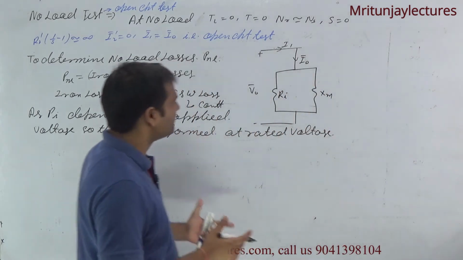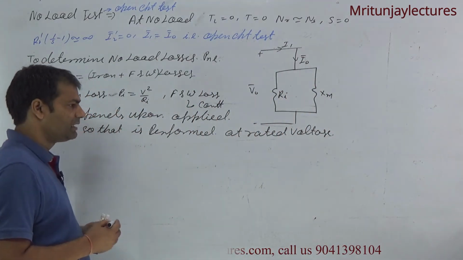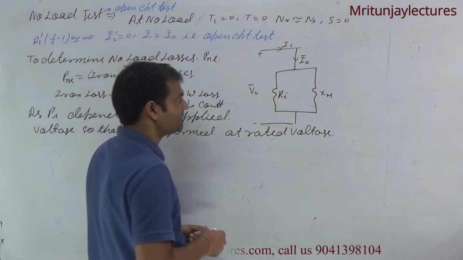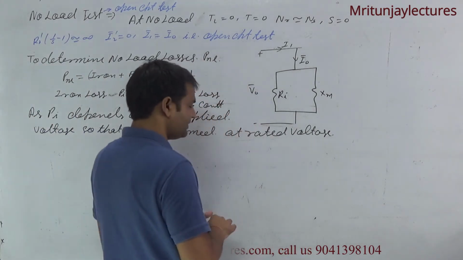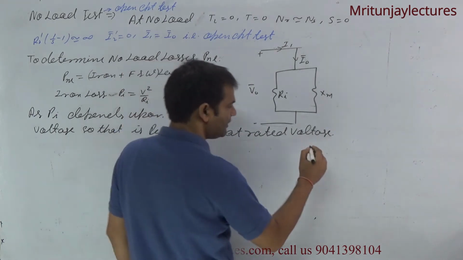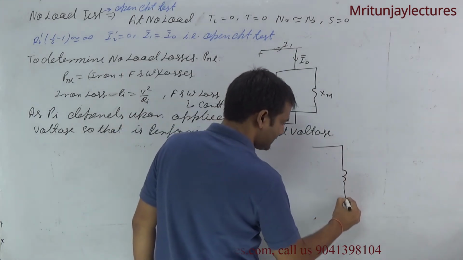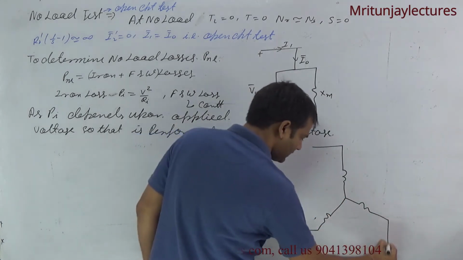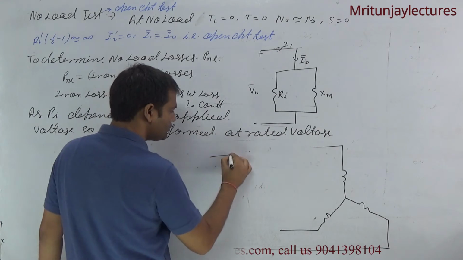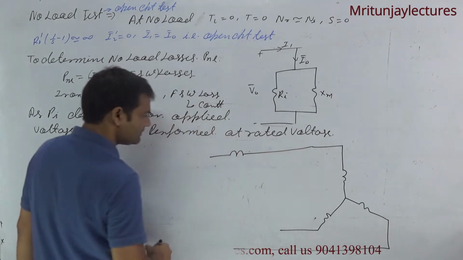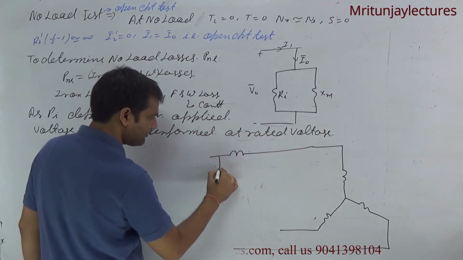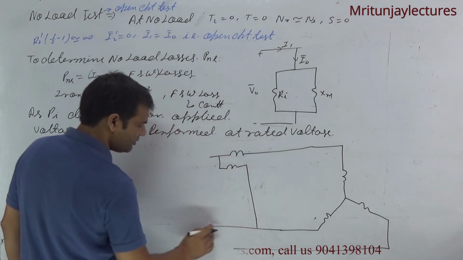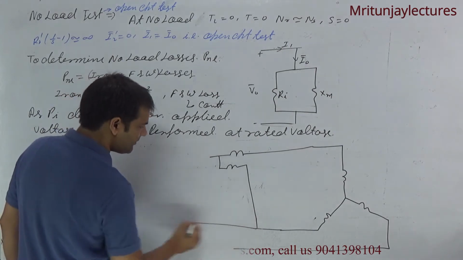Now how to determine no load power with the help of the 2 wattmeter method? What is the 2 wattmeter method? I know that. Suppose that the stator is connected to star like this one, and 2 wattmeters, and one more wattmeter connected like this one.